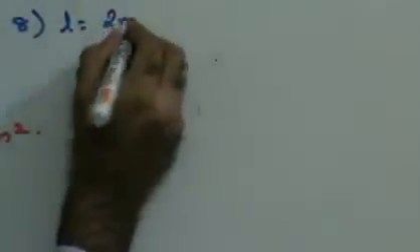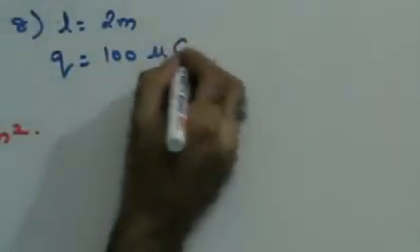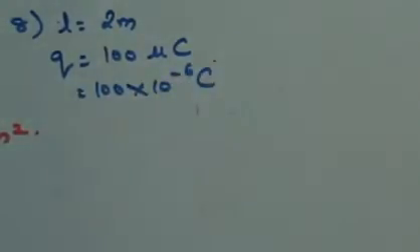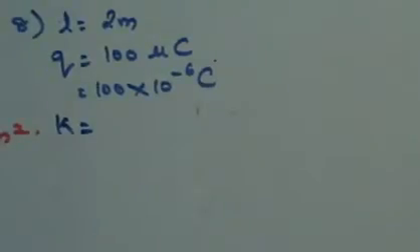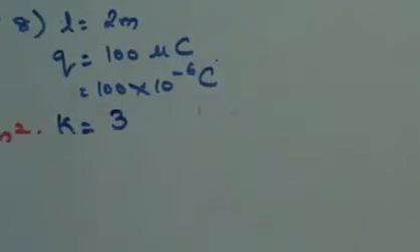Next, take the next up please. A conducting cylinder of length 2 meters has a charge of 100 microcoulombs and is surrounded in a medium of dielectric constant 3.